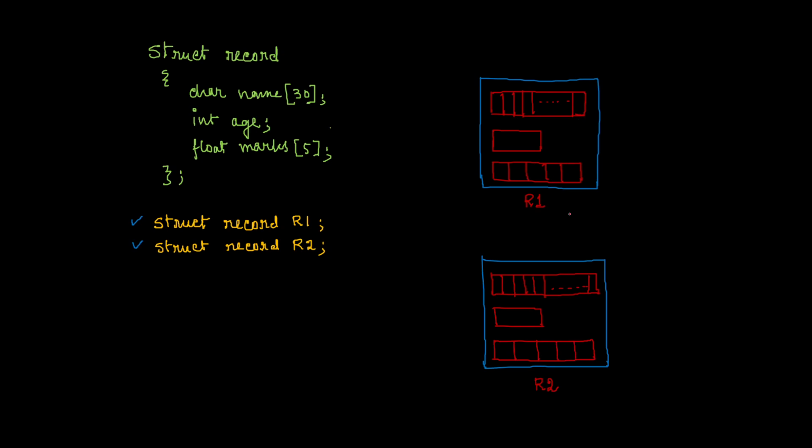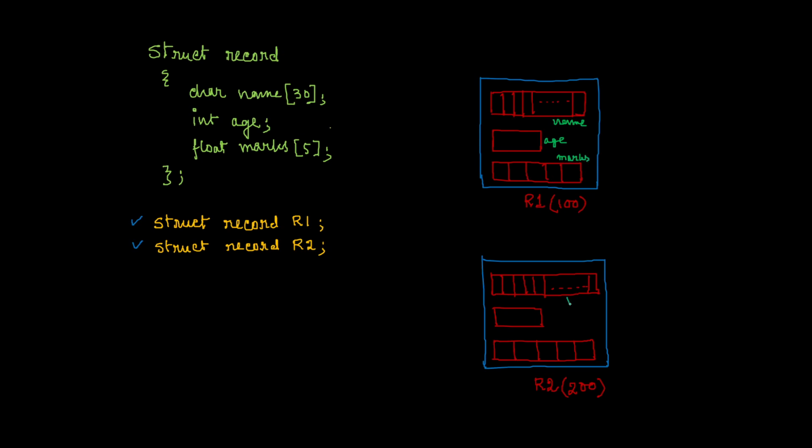So by structure they are the same, but they are physically apart. That means the address of R1 can be 100 and the address of R2 can be 200. Since they are physically apart, obviously this is name, this is age, and this is marks.